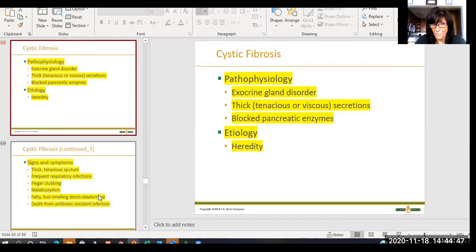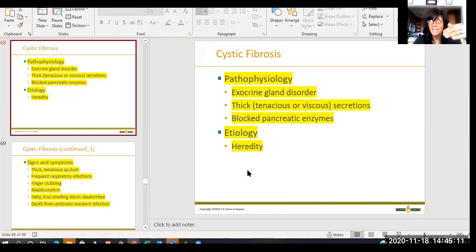Cystic fibrosis. Cystic fibrosis is a hereditary disorder. You're born with it. And it's a problem with exocrine glands like the pancreas, which is one of the big ones. They will have thick secretions that I don't even know what I can compare them to, but they're thick, all right?